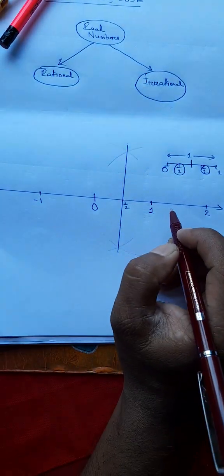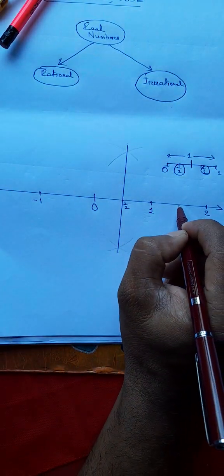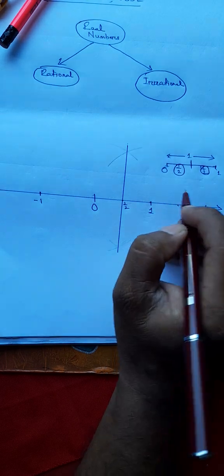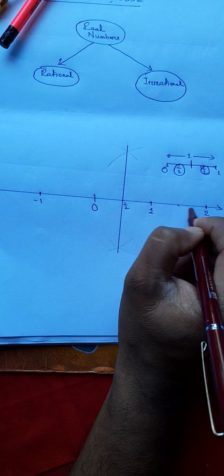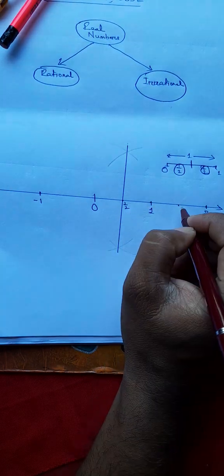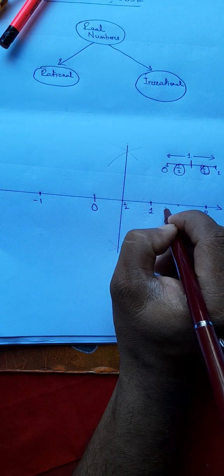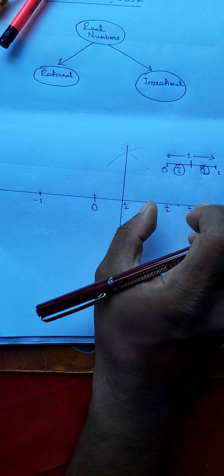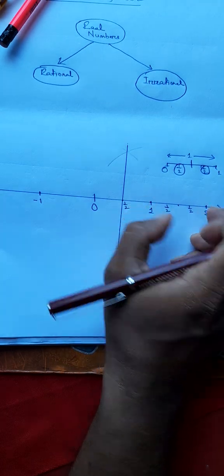Similarly, if you divide the line segment between 1 and 2 exactly into two equal parts, this portion will represent again half of 1 and 2. In between 1 and 2 this position will represent one half. This part is also one half of the line segment between 1 and 2.